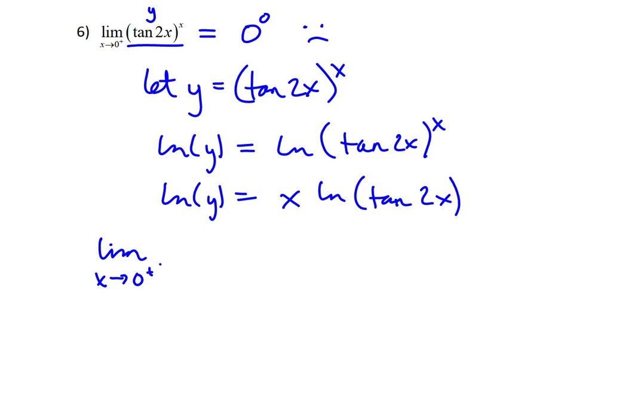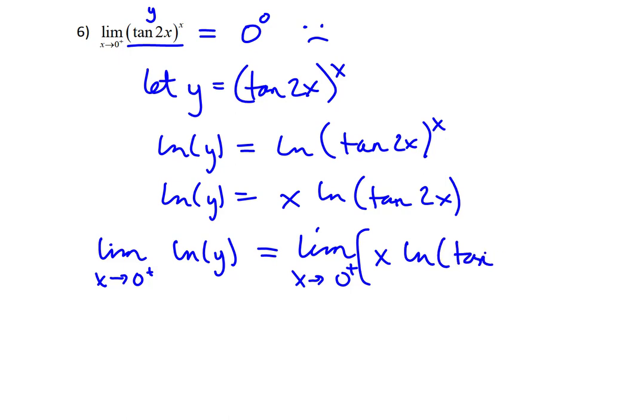I'm going to take the limit as x approaches 0 from the right of the natural log of y, the left side of this equation. Of course, that should equal the limit as x approaches 0 from the right of the right side of our equation, which is just x ln of tangent of 2x.